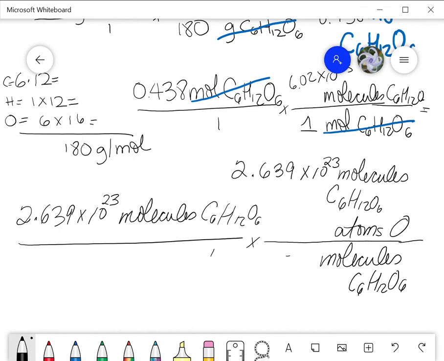So I know for every 1 molecule, there are 6 atoms, because I know that that subscript right there tells me how many atoms there are. So I'm just going to have my previous answer times 6.